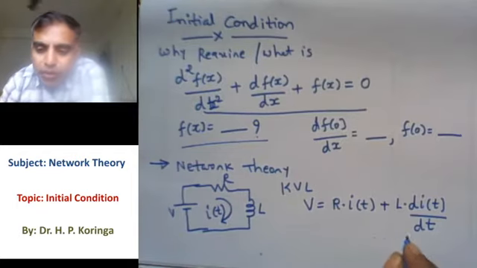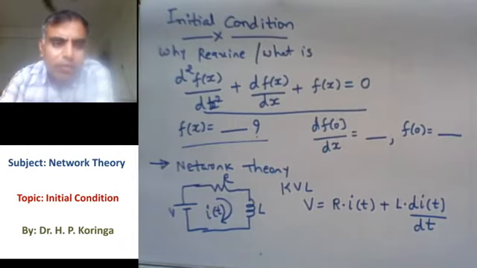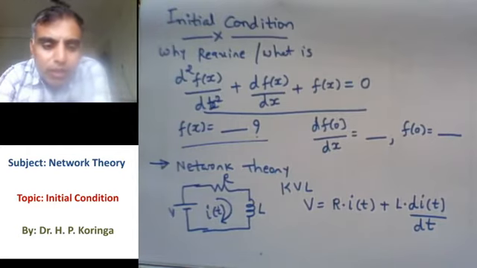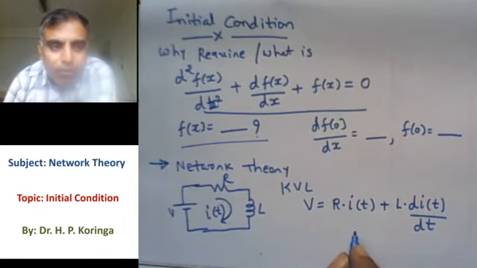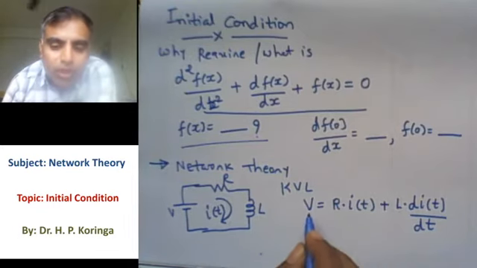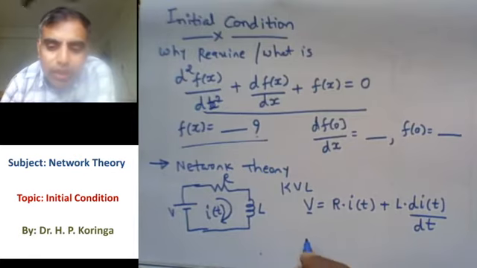If we solve this first order differential equation, there are different methods you already studied, like the P and Q method or any other method. Here it is a first order non-homogeneous differential equation.